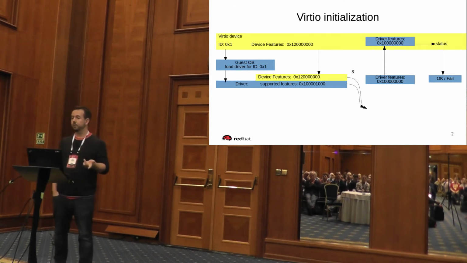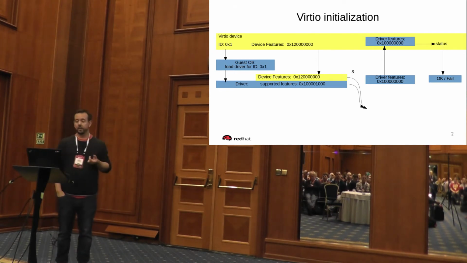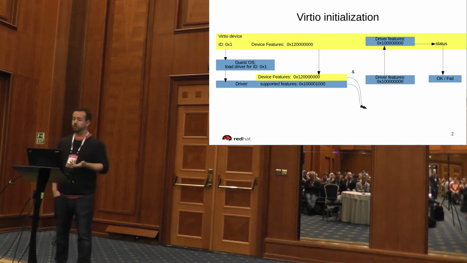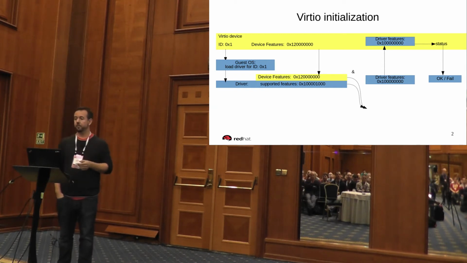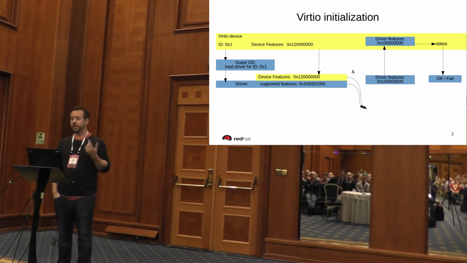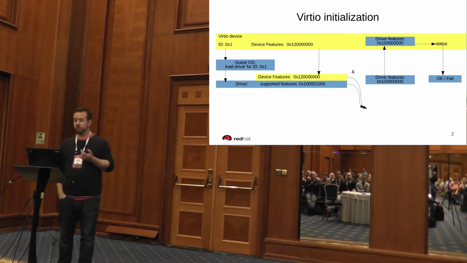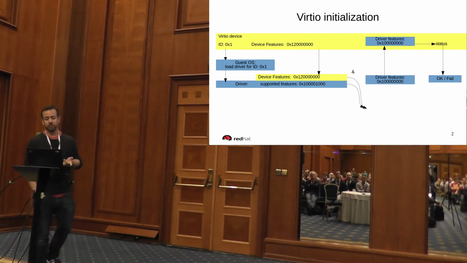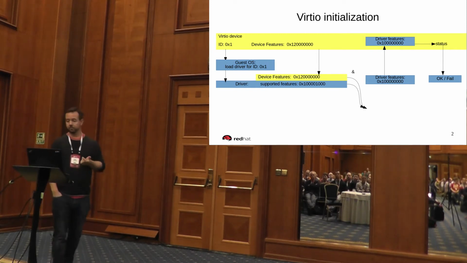One of them is called the device features. The other one is the driver features. And then there's also a status register. They reside somewhere in shared memory, in the device and in the driver memory. At the moment, they're both 64-bit registers, but they're easy enough to extend.